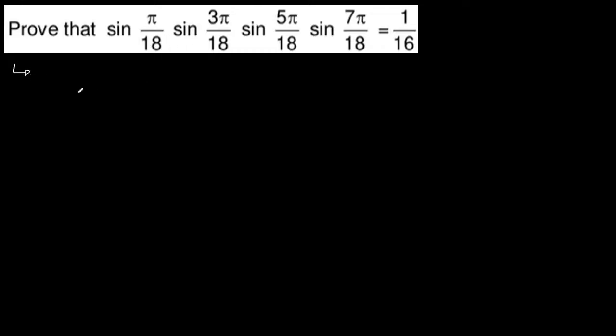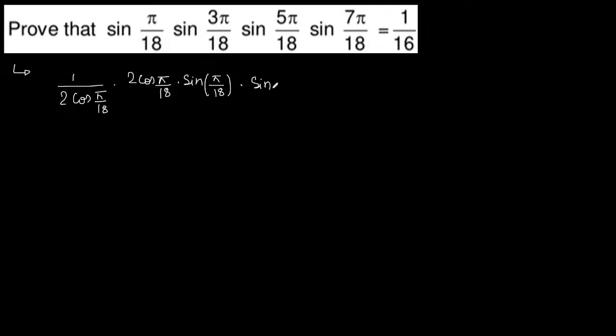So I think we have solved this somewhere, or we'll solve it. We'll divide by 1 by 2 cos pi by 18. It is 2 cos pi by 18 into sin pi by 18.